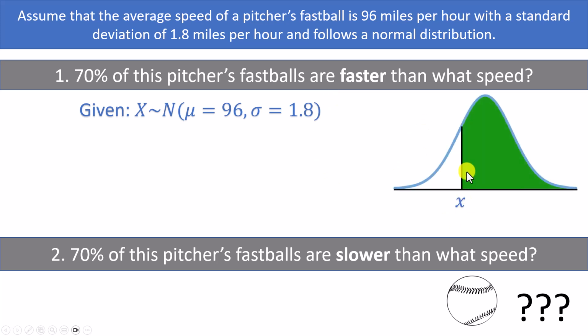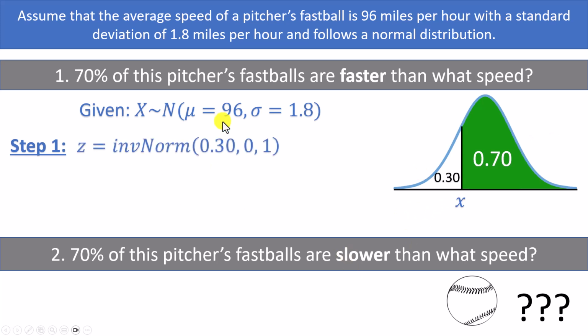So we're going to have a value of x such that the area to the right is this 70%, which means the area to the left is going to be the 30%. That's going to be important because when we use the inverse norm function, we need the area to the left. So the area to the left here is 0.3, which is what we're going to put into the function. And if you enter that into inverse norm, you're going to get approximately negative 0.52.